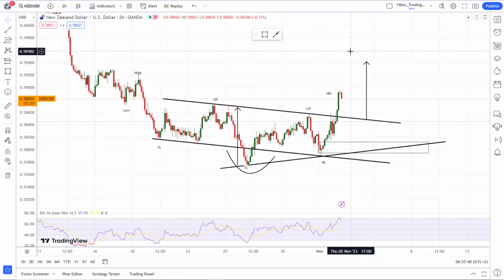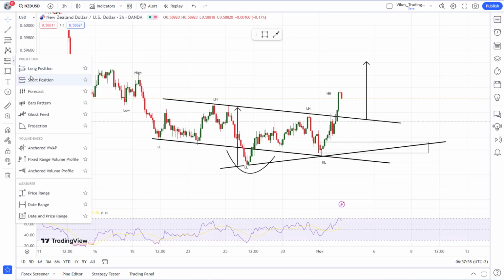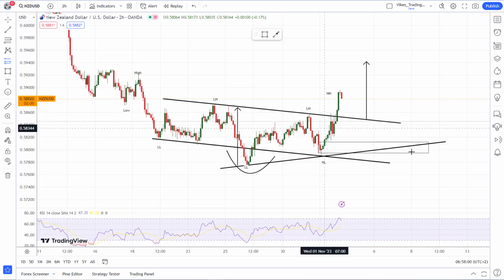The other opportunity will be if price retraces all the way to this order block here. In such a scenario, I'll be looking to enter with a larger lot size. I'll be looking to scale in around somewhere here.